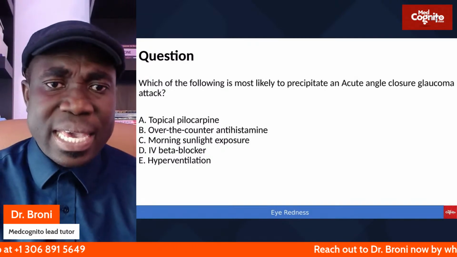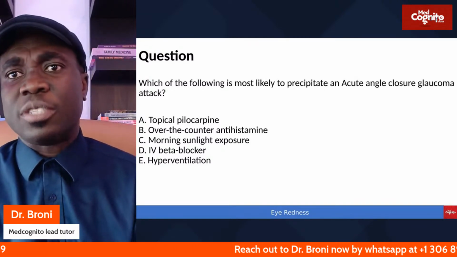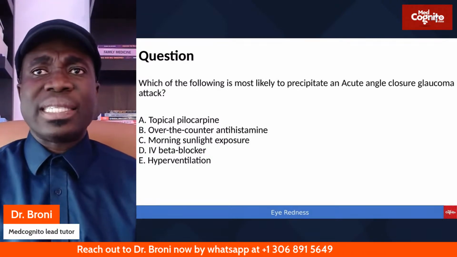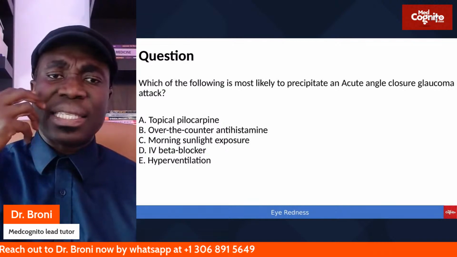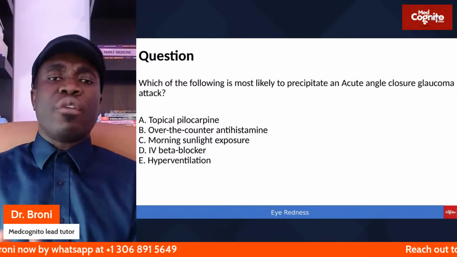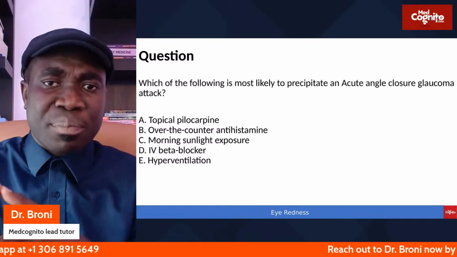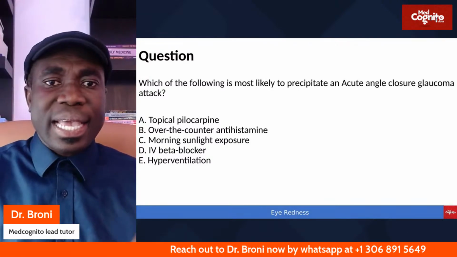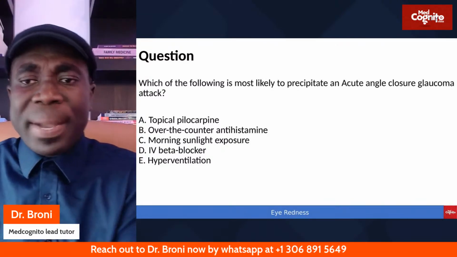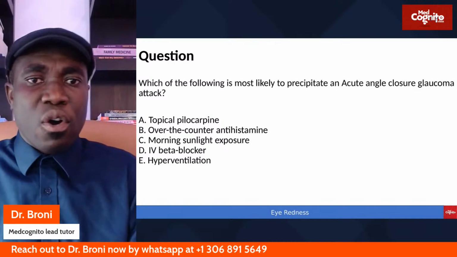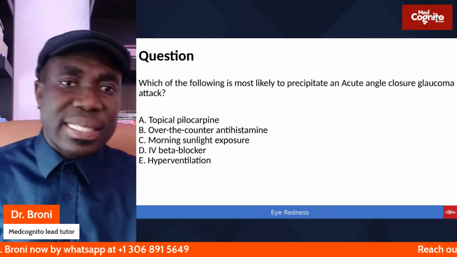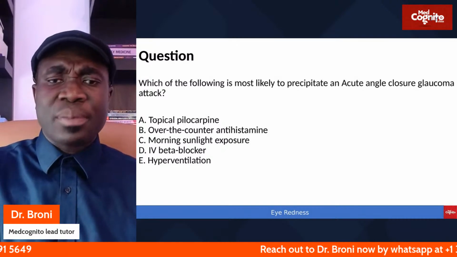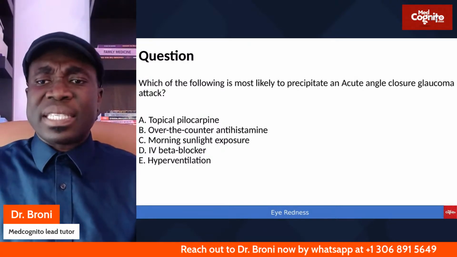And E, hyperventilation. Is it A? Is it B? Is it C? Is it D? Or is it E? Which of the following is most likely to precipitate an acute angle closure glaucoma attack?